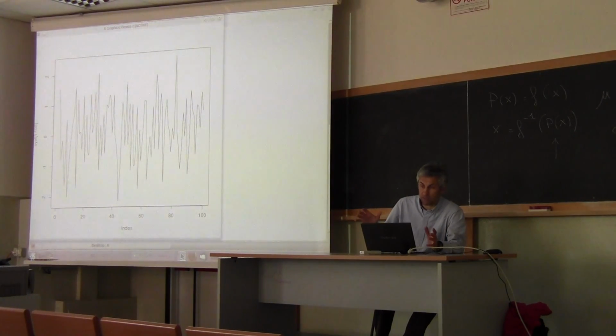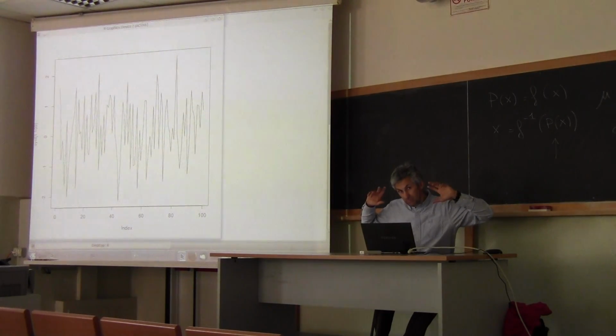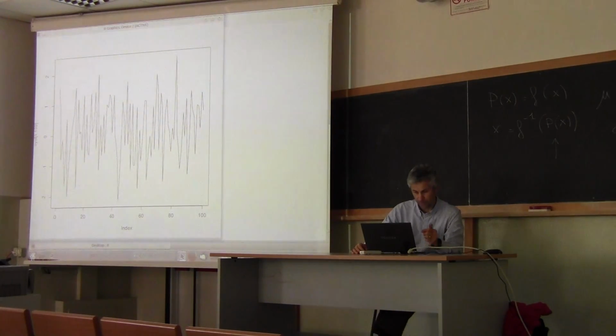I say more or less because it depends on the river, of course. But huge rivers, you can understand that they remember their past. So this time series which I generated is not really representative of river flows. So this is something that you have to keep in mind, and then we come back to it on Monday.